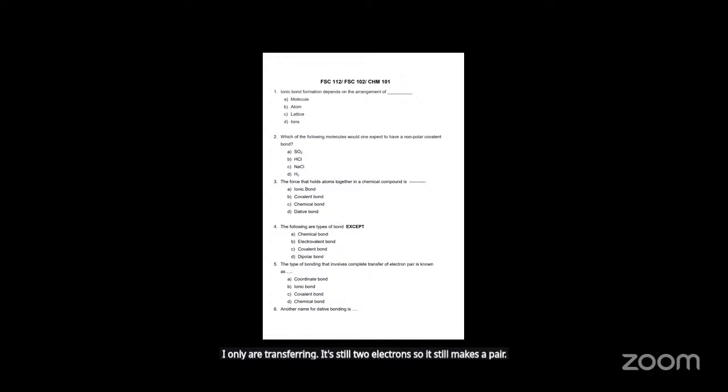Now, let's argue it up. What is dative bonding? Dative bonding is when there's a sharing. One element shares. In dative bonding, there is no complete transfer. One is more electronegative than the other. It's bringing it closer.